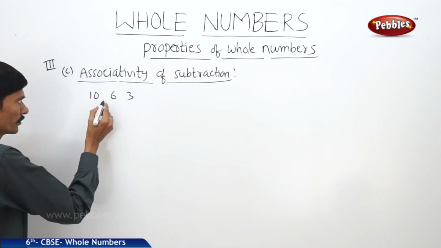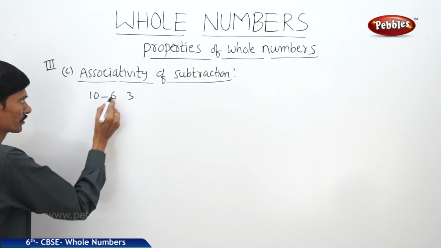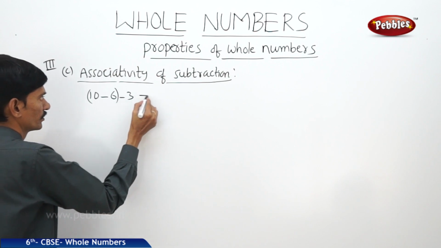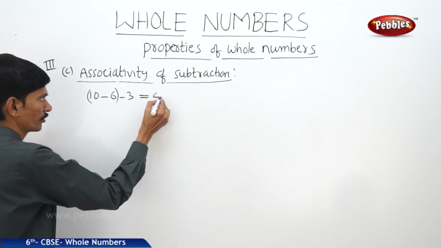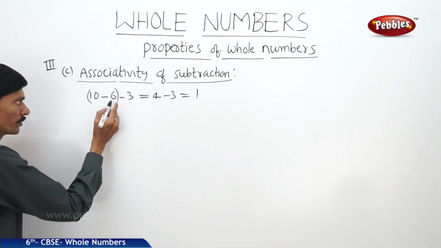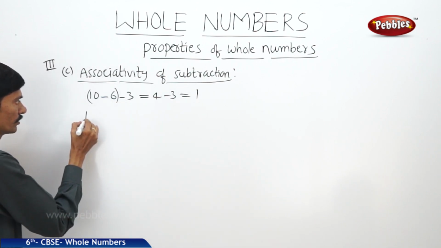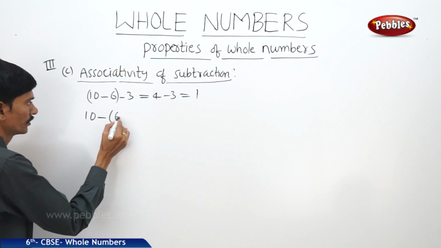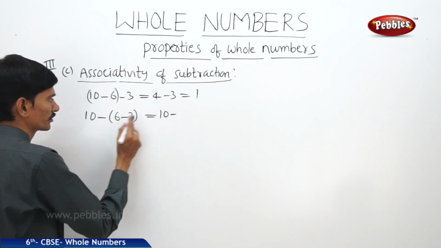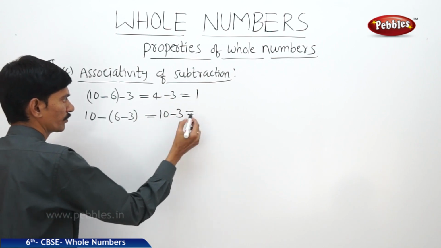First we subtract 10 and 6. So (10 minus 6) minus 3 equals 10 minus 6 is 4, minus 3 equals 1. Then we will group 6 and 3 and subtract. So 10 minus (6 minus 3) equals 10 minus, 6 minus 3 is 3, so 10 minus 3 is 7.